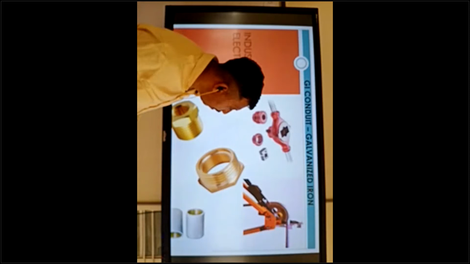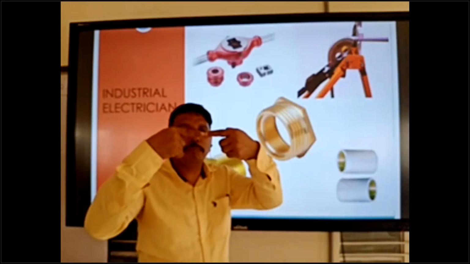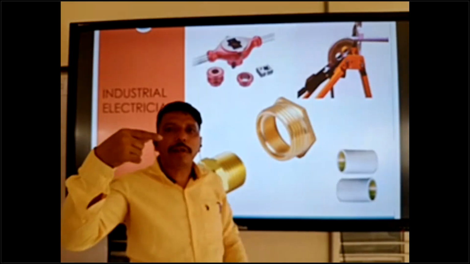GI threading coupler. Same, I will show you. This is a GI threading coupler. We can use this for joining two pipes. One pipe length is 3 meters.